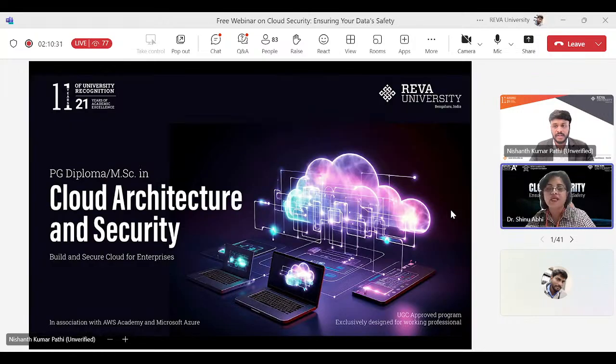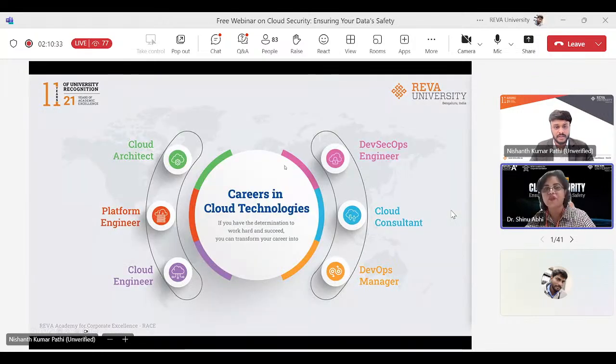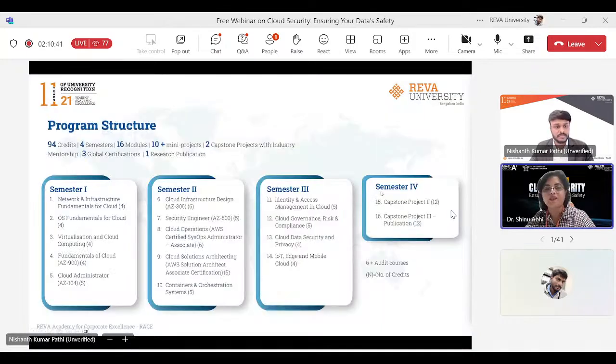Yes. So one of the programs which we do is called Cloud Architecture and Security. This is a master's program. It's a 2-year program open to all working professionals who have some experience in IT and want to move to cloud.